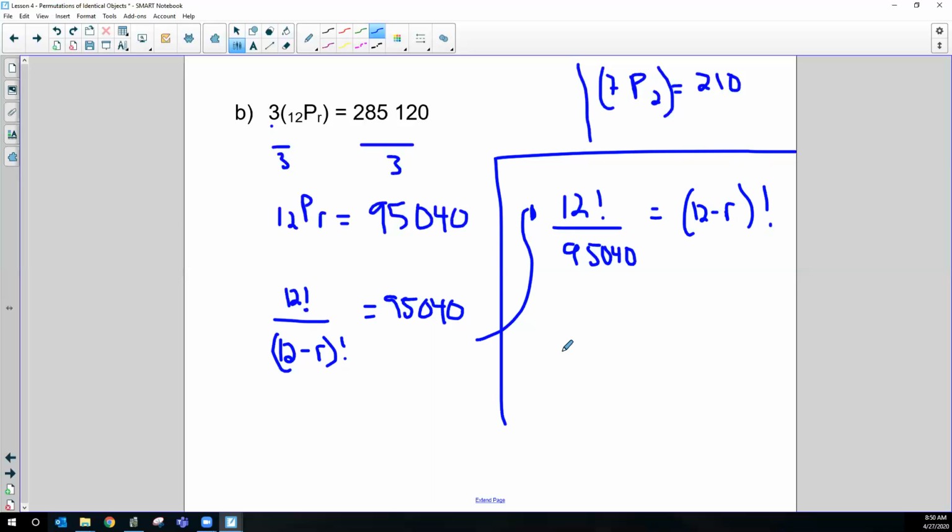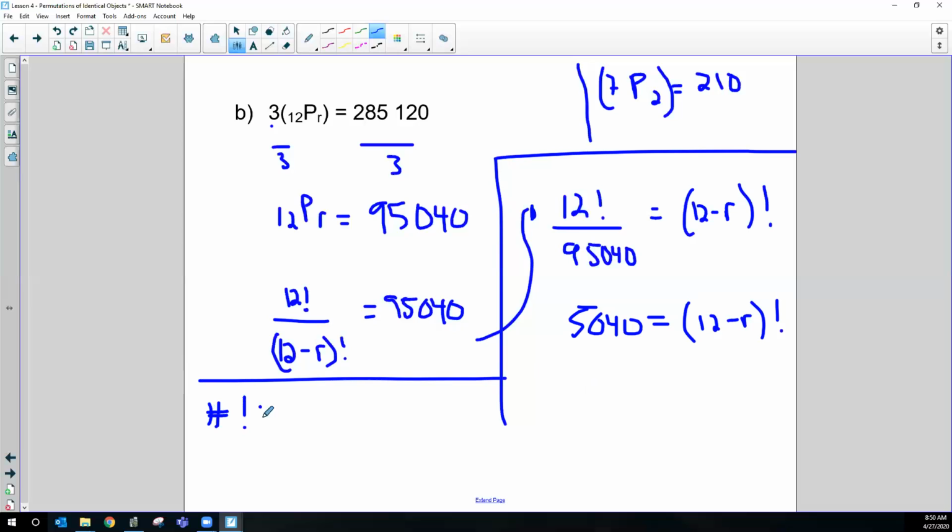12 factorial divided by 95,040 equals 5040, which is equal to (12 minus r) factorial. Now it's your job to figure out what number factorial equals 5040.